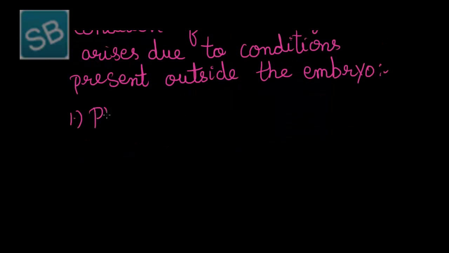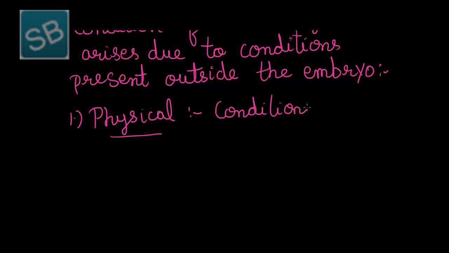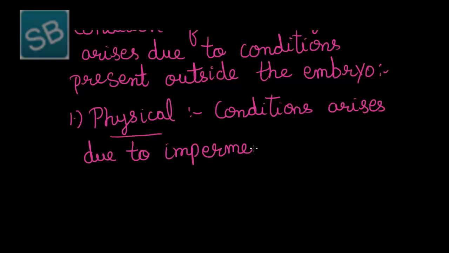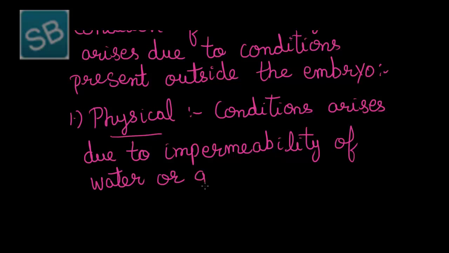First, physical exogenous dormancy, in which the condition arises due to the impermeability of water or gases to the cells outside the embryo.